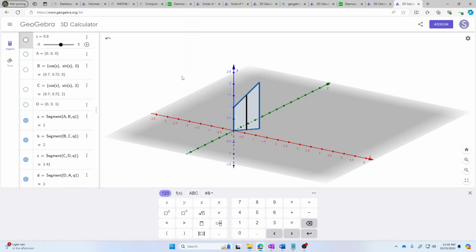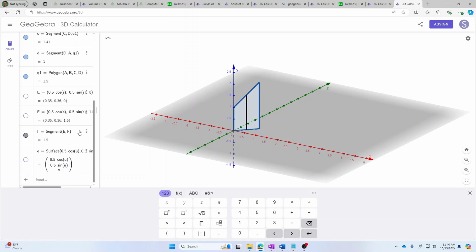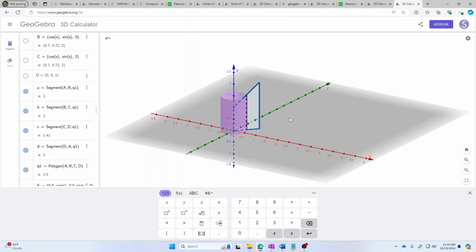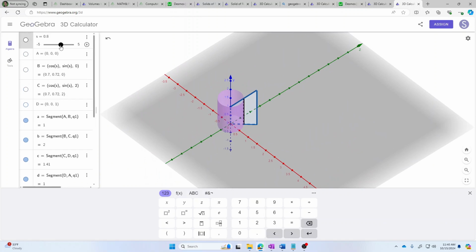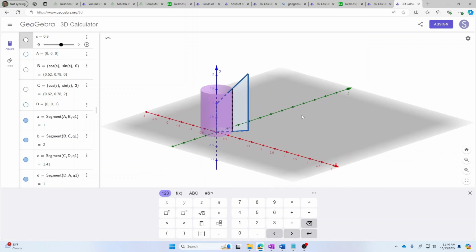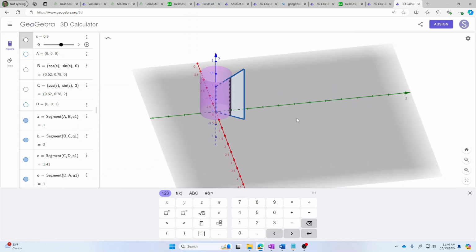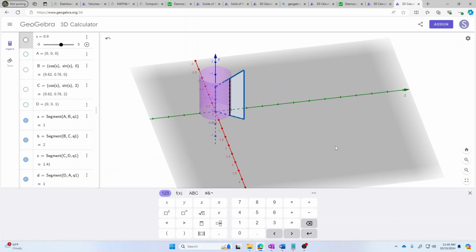Now, as we spin that vertical cut around the y-axis, the shape that is formed by that line segment is a cylinder. We can see it here as I drag the object around the y-axis and spin it around the y-axis. We can see that that vertical slice is tracing out the shape of the cylinder. So this is what is going on visually, represented on the computer for a little bit of extra visual clarity.